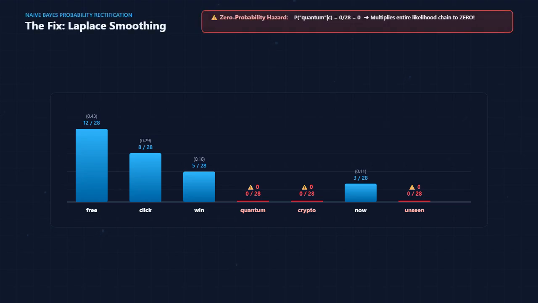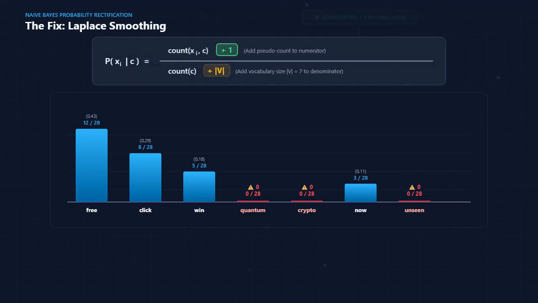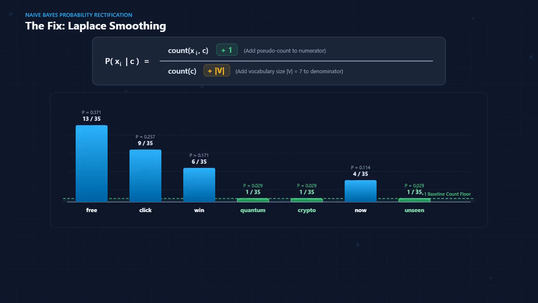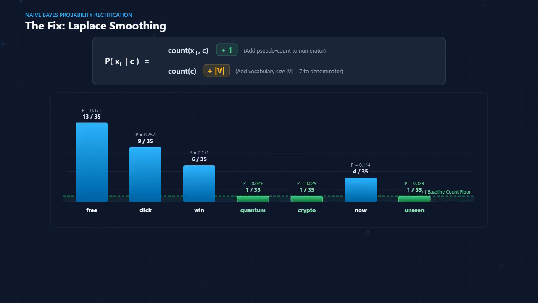To fix this, we introduce a brilliant technique called Laplace smoothing. Instead of calculating raw frequencies, we add a small positive constant, typically +1, to the numerator of our likelihood calculations. To balance this, we add the size of our entire vocabulary to the denominator.